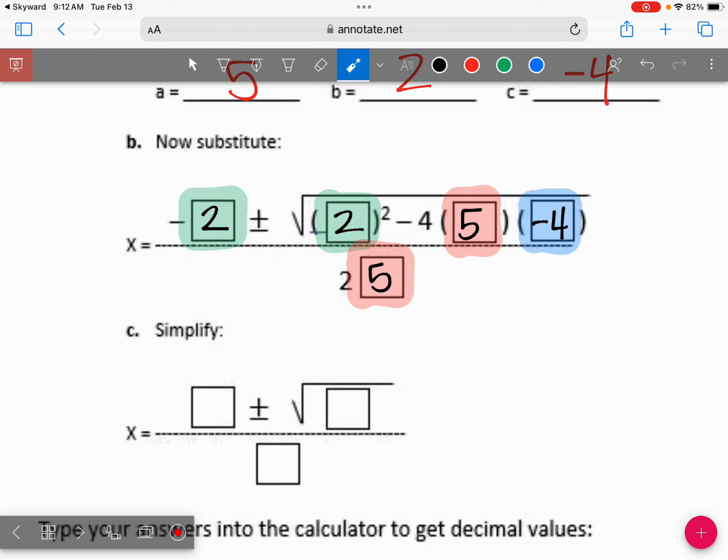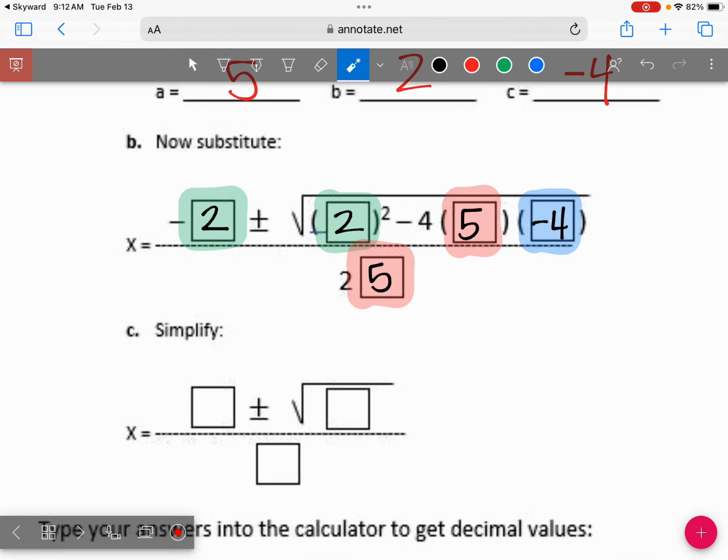What'd you get? Leah, what'd you get? Did you get 84? Okay. We all got 84? All right, so we got 84. You type it in? Okay, so we got 84.